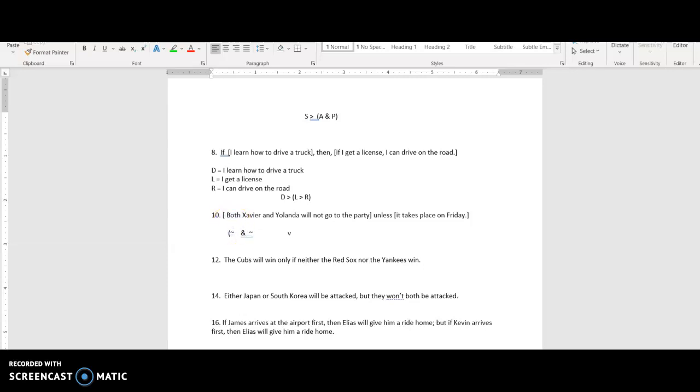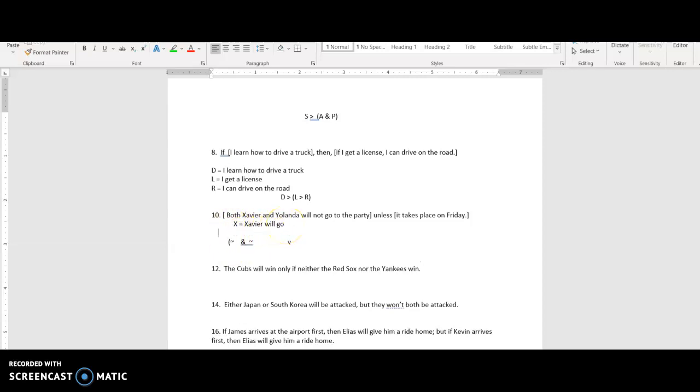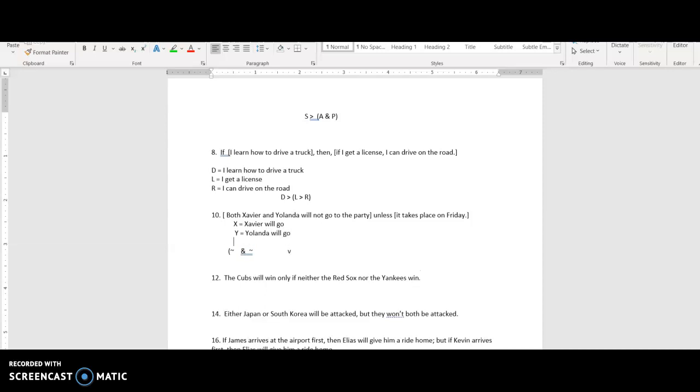We have X equals Xavier will go, Y equals Yolanda will go, F, it takes place on Friday. So not X and not Y, unless F. And I'm out of time, so I'll be back with the rest.